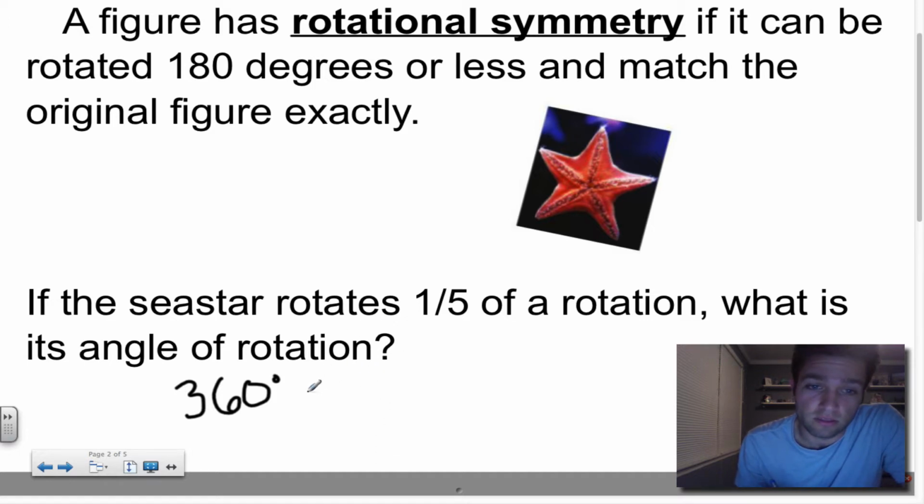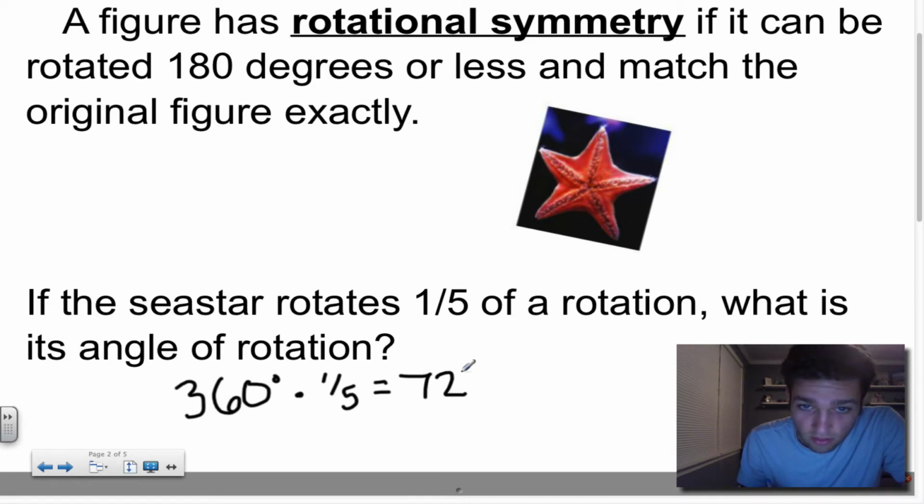And that will be your angle of rotation. So 360 times 1/5. And if you use a calculator, or just paper and pencil math, you should get 72. So for something that rotates 1/5 of the way around, that's a 72-degree rotation.